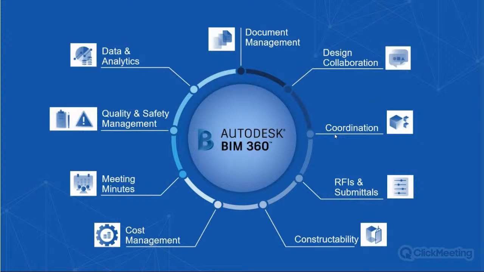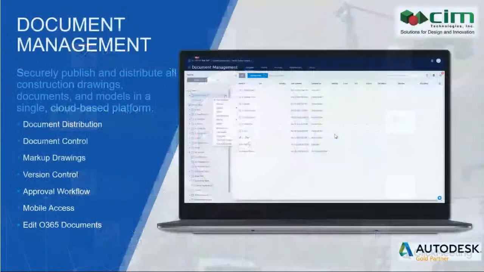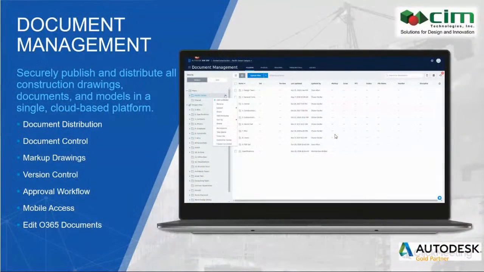So BIM 360 keeps all of your project workflows in one platform. This can be everything from design collaboration through construction activities. One of the key benefits that you can get from BIM 360 is the document management module, where you can create your markup drawings, control the versions of each file, and create your approval workflows.